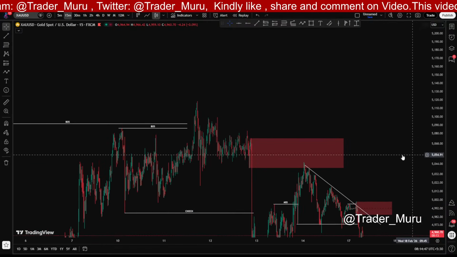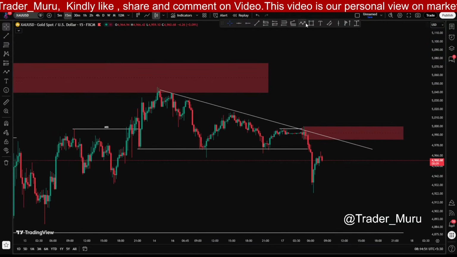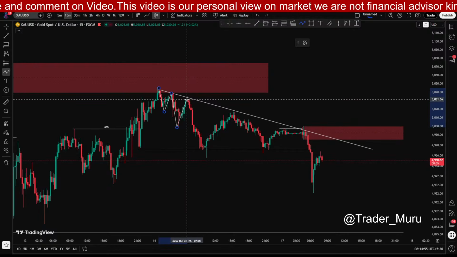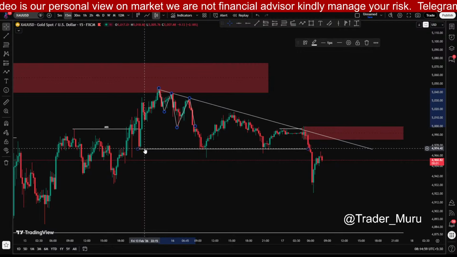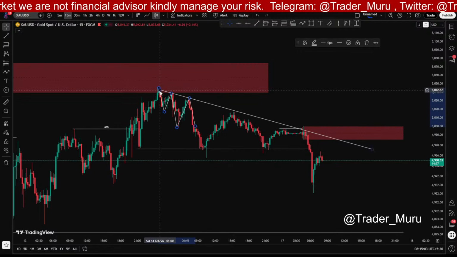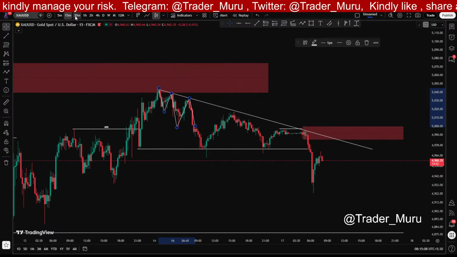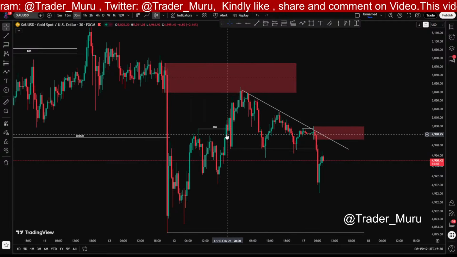Why am I bearish right now? Because we have 5 waves here. This 5 waves was an indication that price will not hold this level here. This 5 waves was the indication that this low will not hold, and the same thing we are having in the 30-minute.